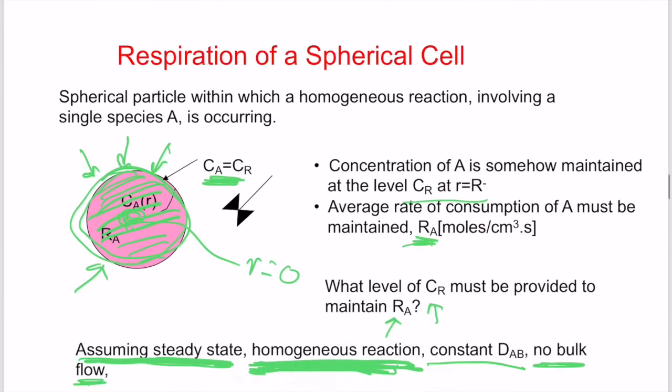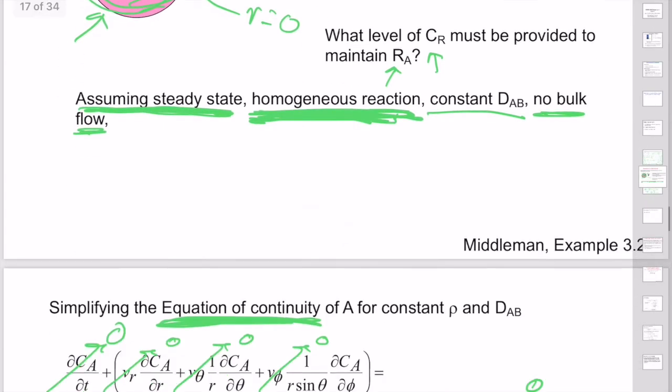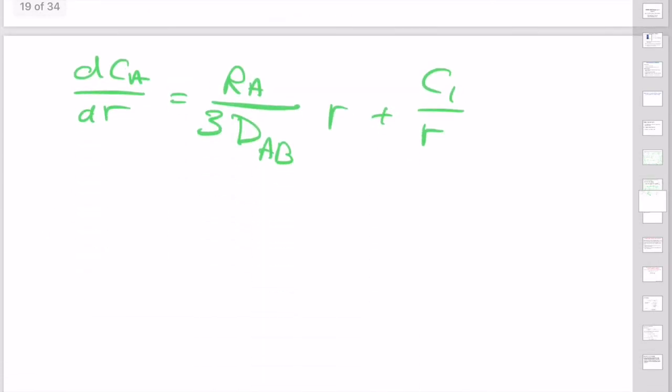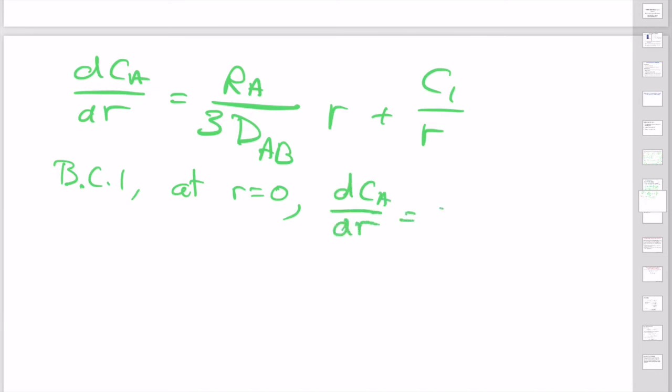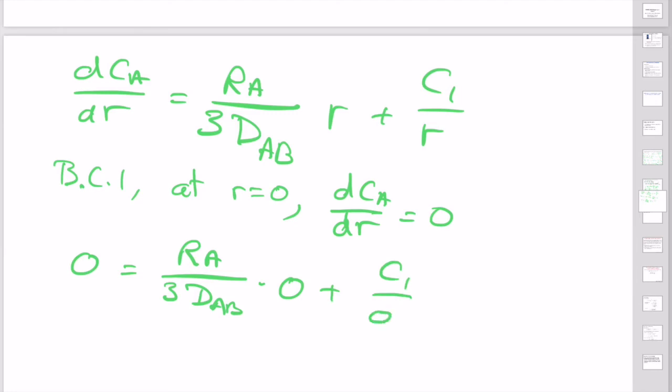So my boundary condition 1: at r equals 0, the gradient is equal to 0. If I apply this here, 0 is equal to RA over 3 times the diffusivity times 0 plus C1 over 0. Well, the only way that can be true is if C1 is equal to 0.